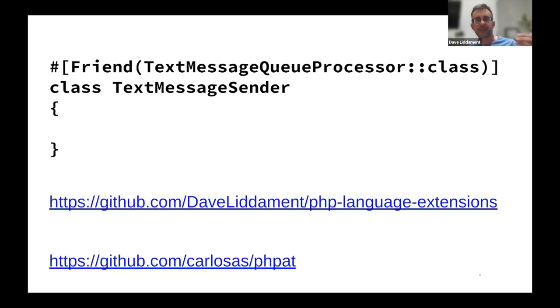That means static analysis will look at this and go, oh, okay, I know I can only call methods within text message sender from the text message queue processor. You can just use this PHP language extension library referenced on this slide, and instead of doing all the stuff I just talked about, you can just add the friend attribute and say who is the class that is allowed to call text message sender.